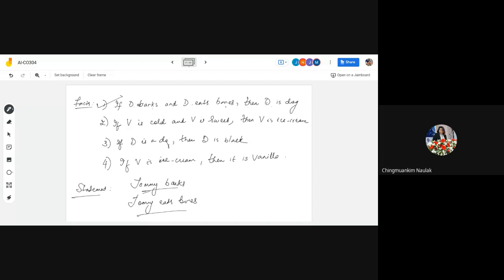So your first conclusion from this given fact is that Tommy is a dog. This is inferred from fact number 1. I'm just writing down the inference.